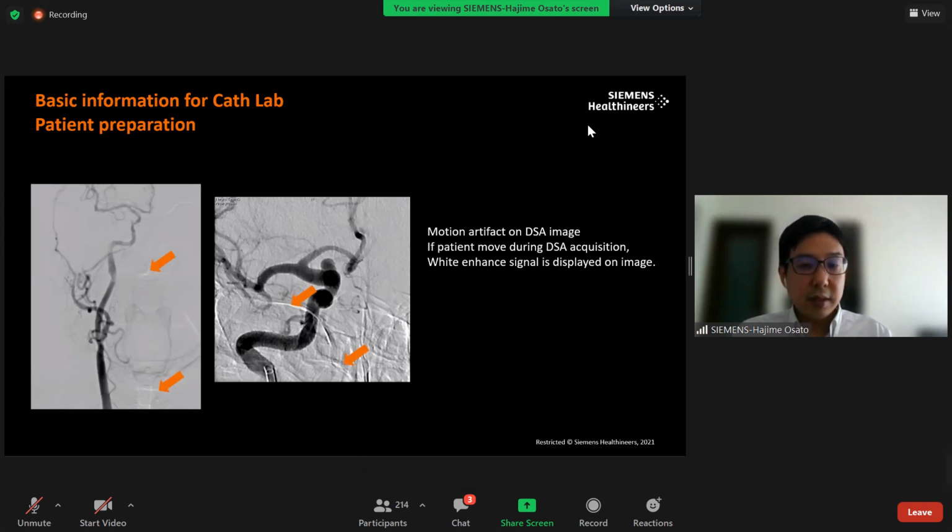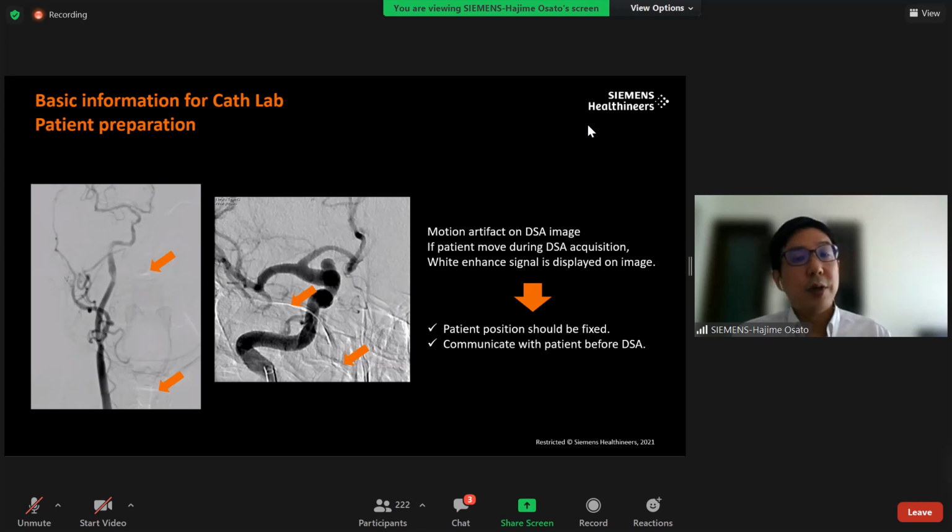These artifacts can be fixed by the pixel shift function in post-processing, but for smooth workflow, we should fix the patient and avoid the artifact itself. And if the patient is under local anesthesia, please communicate to the patient before DSA, informing them, like, don't move please for a few seconds. This communication also avoids motion artifact.